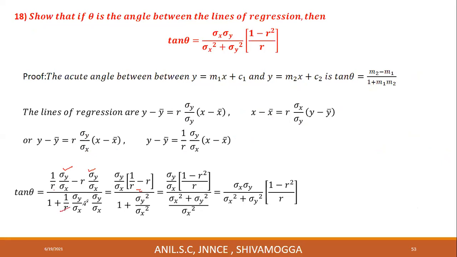In the denominator, the r cancels with the r, and you get 1 plus sigma y square divided by sigma x square. Keep the numerator as sigma y divided by sigma x into 1 by r minus r, which can be written as 1 minus r square divided by r. Taking sigma x square as the LCM in the denominator, the numerator is sigma x square plus sigma y square.